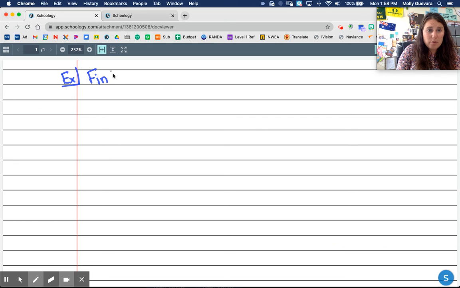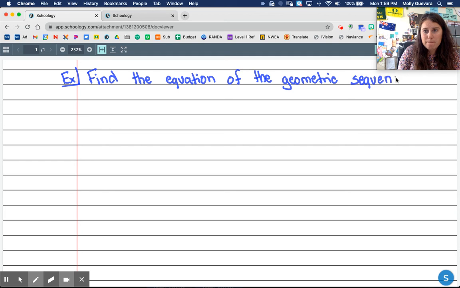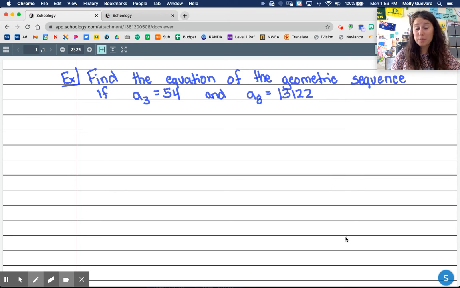So our last example for geometric is find the equation of the geometric sequence if the third term, so a sub 3, is 54, and the eighth term, so a sub 8, is 13,122. Holy moly, that's a big number, right?